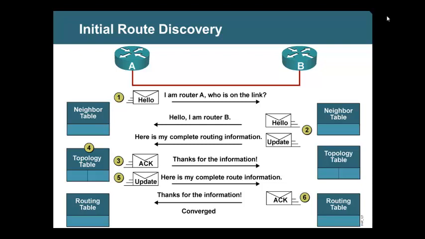B sends the hello plus acknowledgement back to A. That's it. So this is how two routers form neighbor and share the route updates. Do you have any question in this?